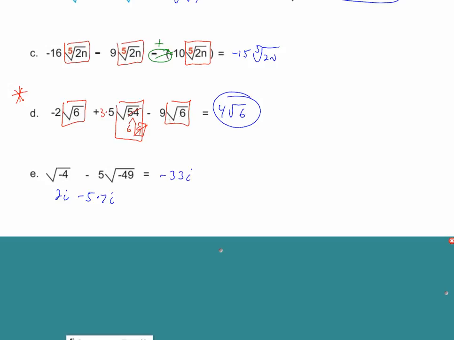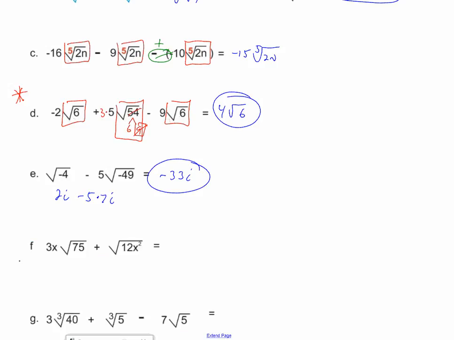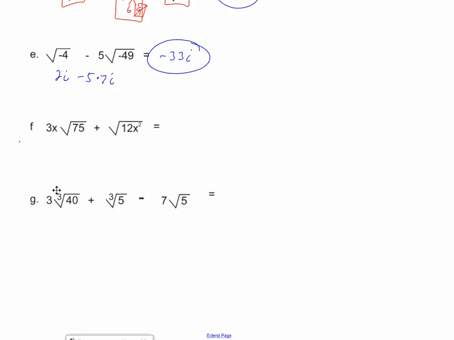So you get a negative 33i is the answer to that one. So really simplifying that one got rid of all the radicals. All the radicals are gone. Any questions on that? I'm just trying to show you different possibilities of things that might pop up.